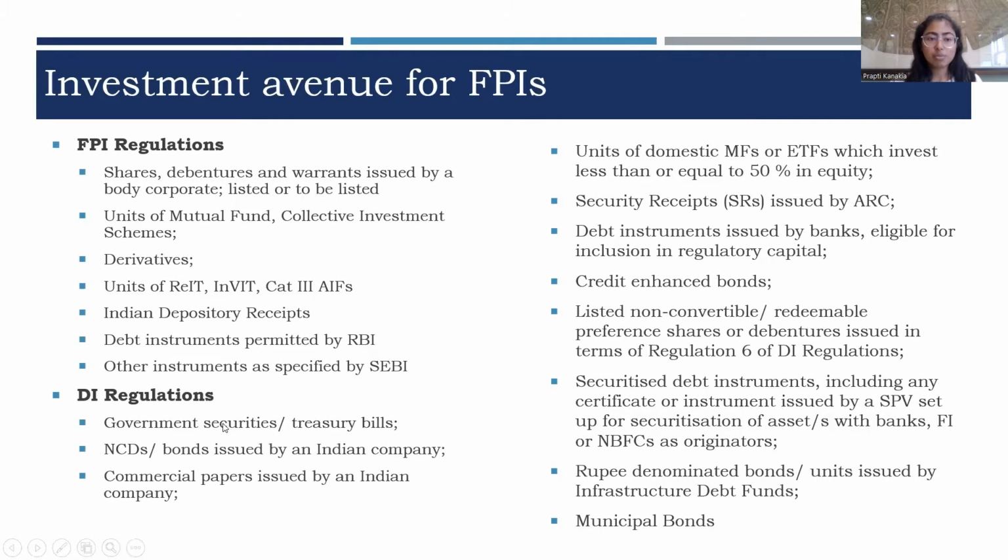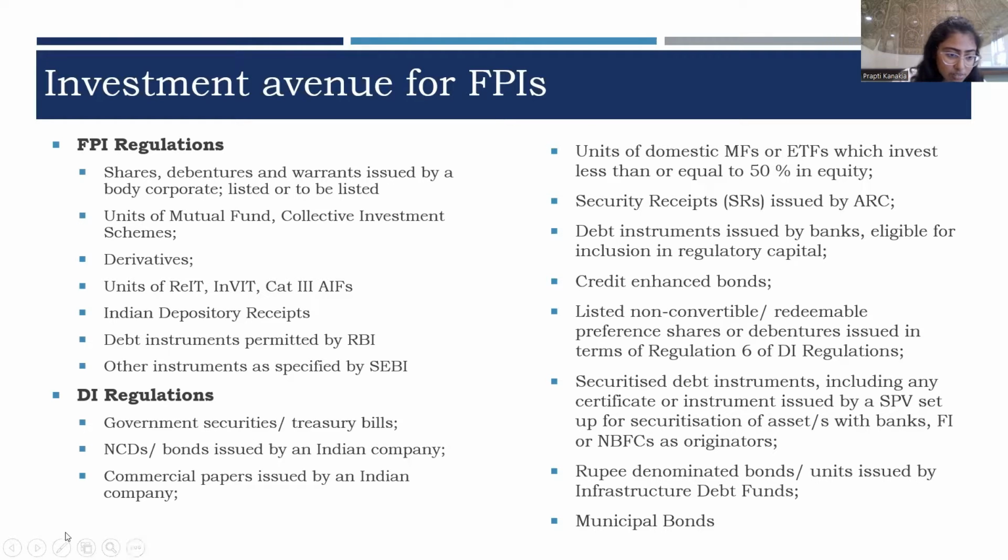So if we consider from equity perspective, shares and warrants of a listed entity, FPIs can invest in these instruments. Then non-convertible or debt instruments, which includes debt of a listed company. Then other debt instruments which are permitted by RBI.